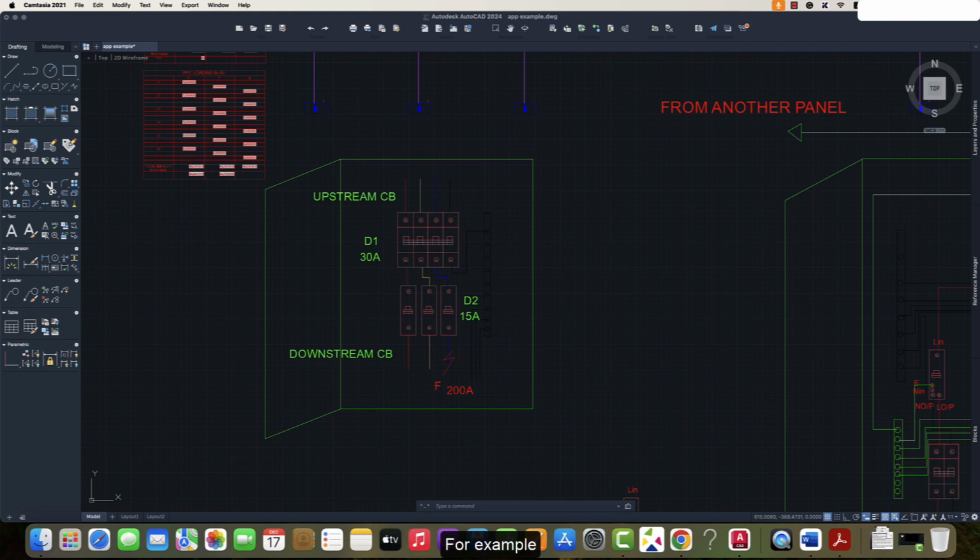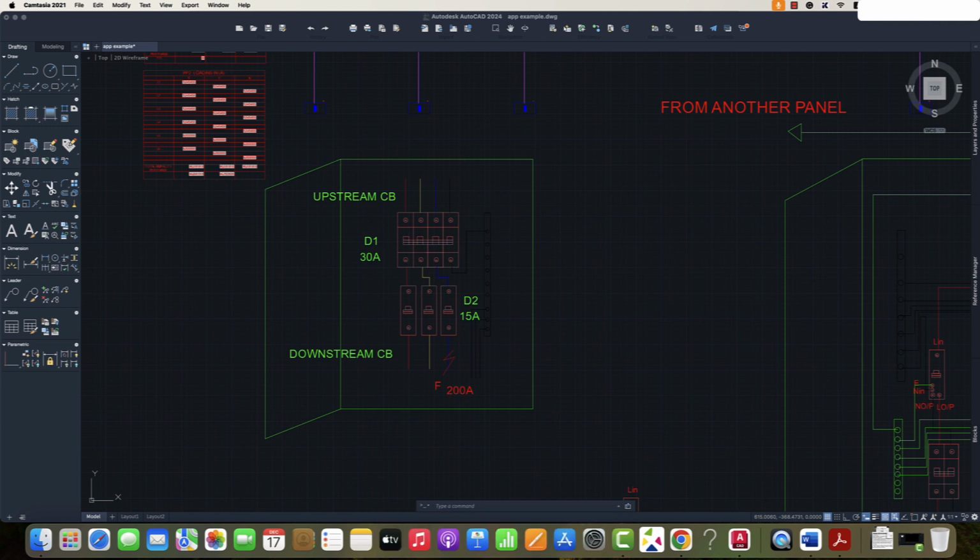For example, using circuit breakers of different ratings, 15 ampere, 30 ampere, and 60 ampere, the speed of operation, or the time it takes for the protective device to respond to a fault, decreases as the rating decreases.